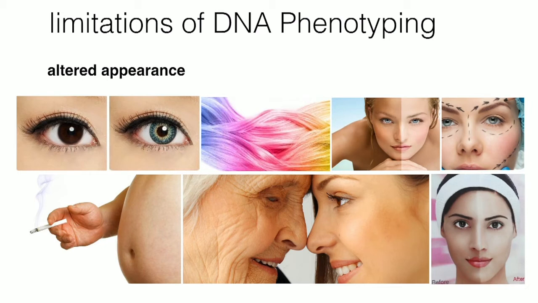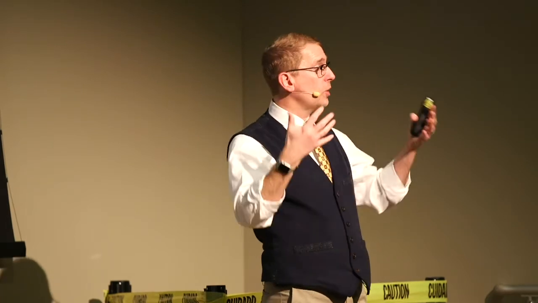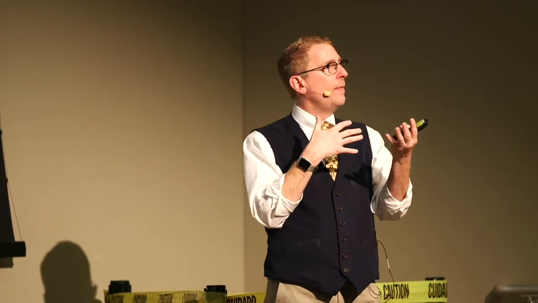We do things that change and alter our appearance that are not going to be detected by your DNA. Your DNA profile can't say this person has had plastic surgery, this person wears colored contacts, this person has blonde hair but has colored it pink. You're not going to pick any of those things up. So you've got to recognize these are only predictions, and there are lots of tools and technologies that we use every day to alter our natural appearance. You've got to take that with a pretty large grain of salt.